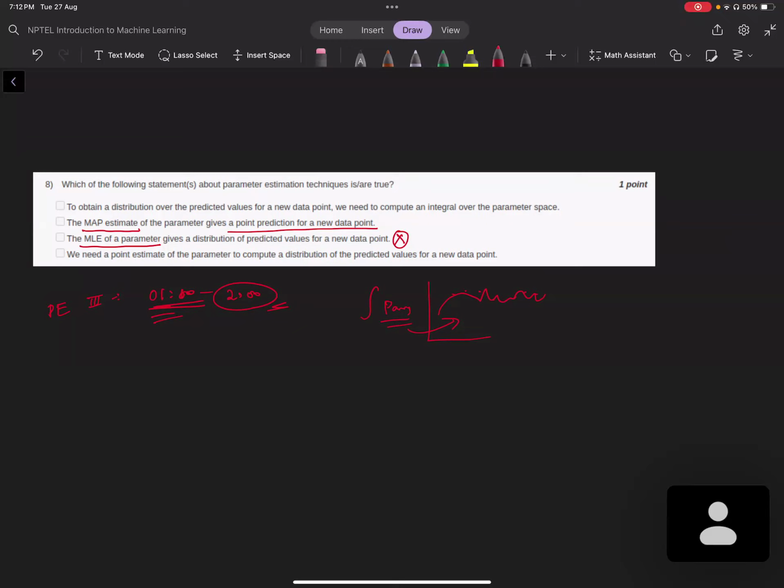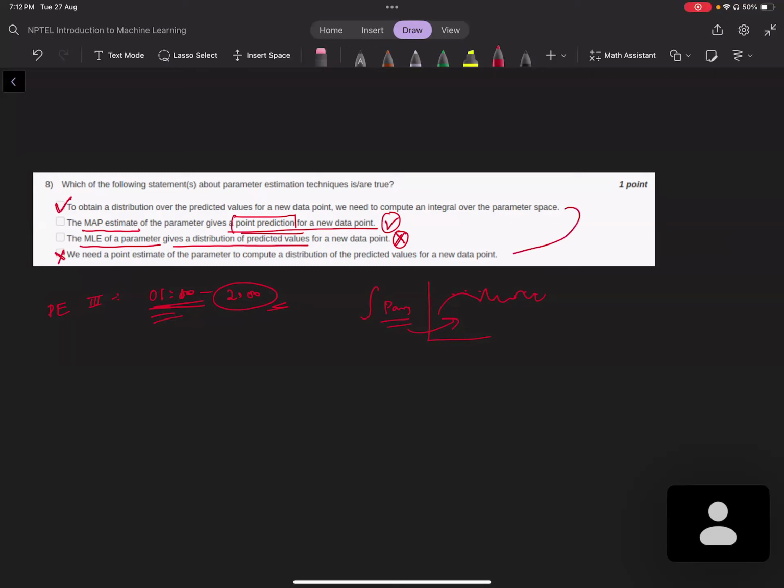MLE also gives the point estimation, or point prediction, of a data point. It is saying that it gives a distribution of the predicted values, which is not true. So hence this will be false and this will be true, and this is true and this is false.